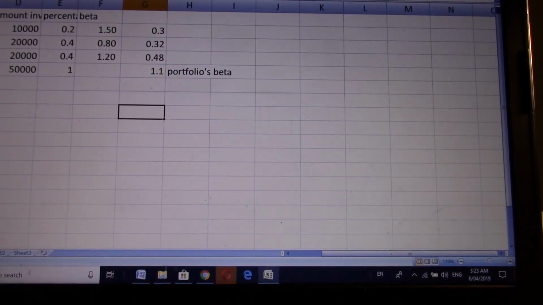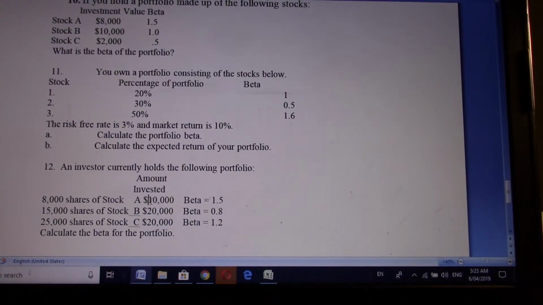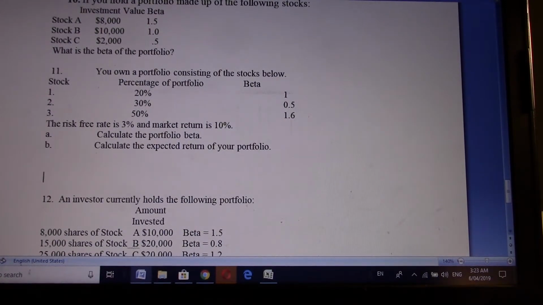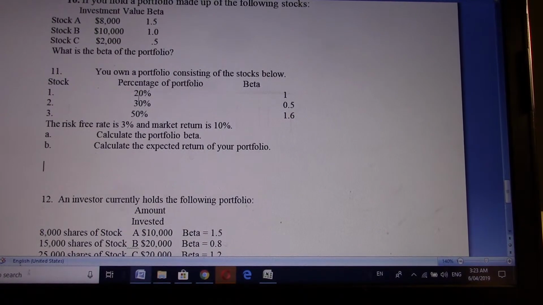Just like we did previously. So question number 12 and question number 10 are very similar. Now question number 11 is also similar, but it has two parts. The first part is asking you for portfolio's beta. Now this question is a lot easier because you don't have to calculate the stocks' percentage in the portfolio anymore.